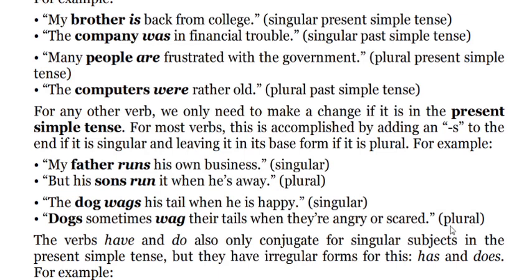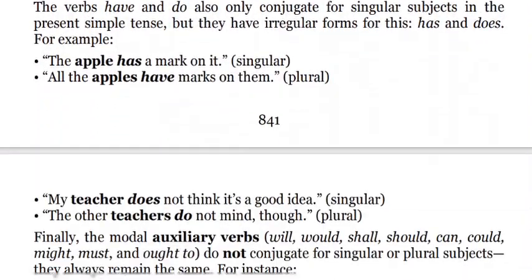The verbs have and do also only conjugate for singular subjects in the present simple tense, but they have irregular forms for this: has and does. For example, there are some examples. The apple has a mark on it, singular.